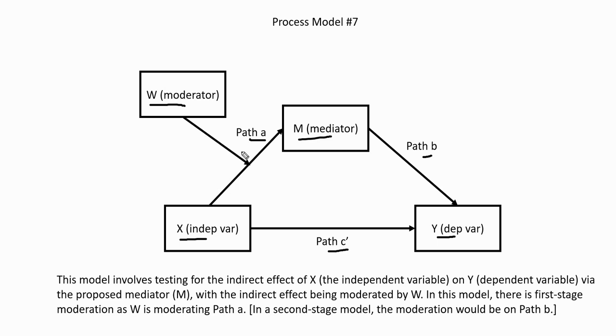In other words, the regression slope for path A varies depending on the level of the moderating variable. By extension, any indirect effect that is computed would be conditional on levels of the moderator.